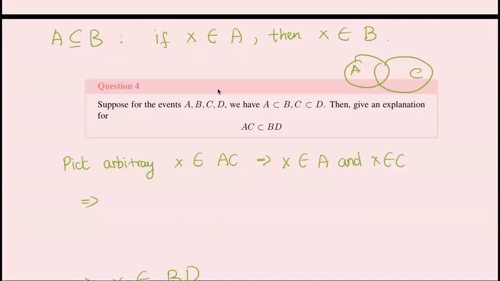Yes, that's right. So you have X is in B and X is in D. Why is that? Because we have two conditions.